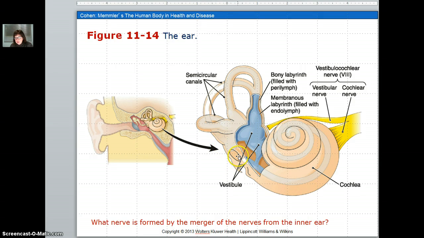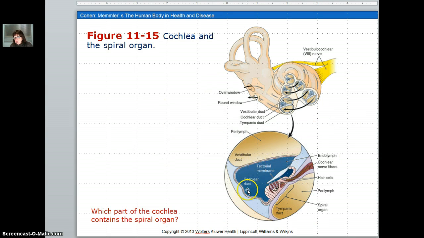The sound will cause the tectorial membrane to vibrate. As this membrane vibrates, it will stimulate hair cells, and the hair cells are connected to nerves, which will then pick up the sound.